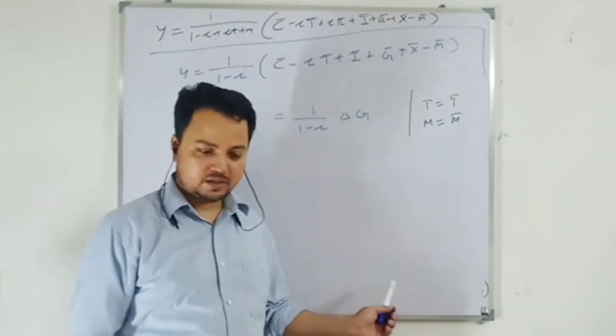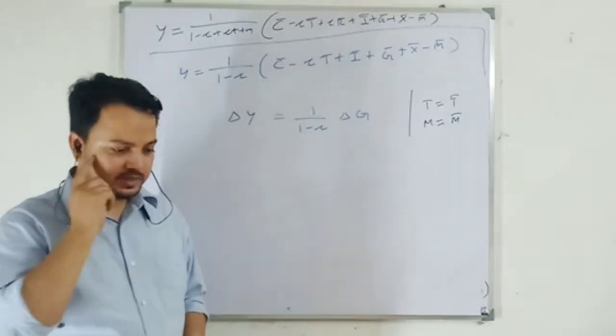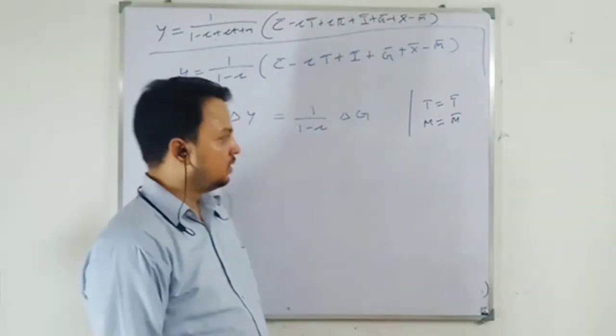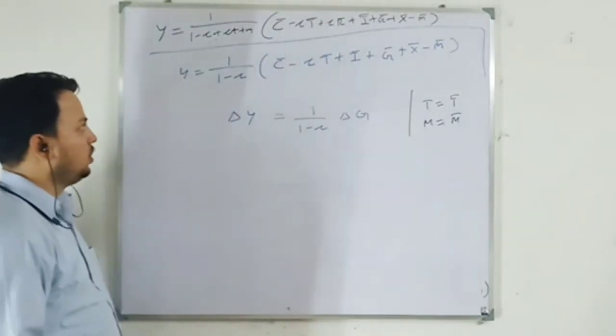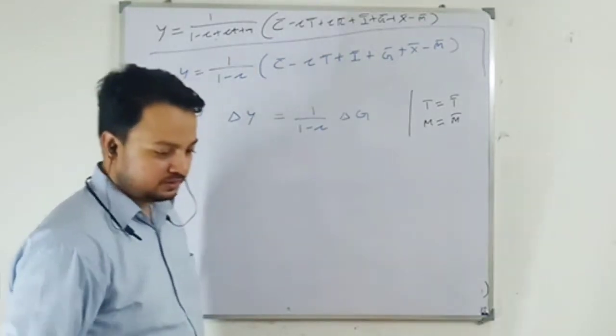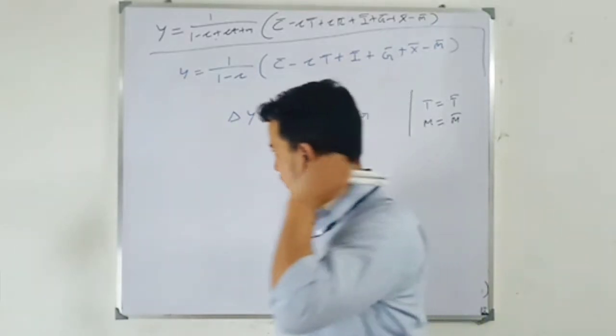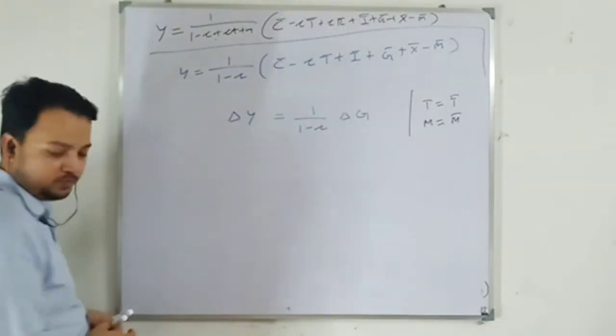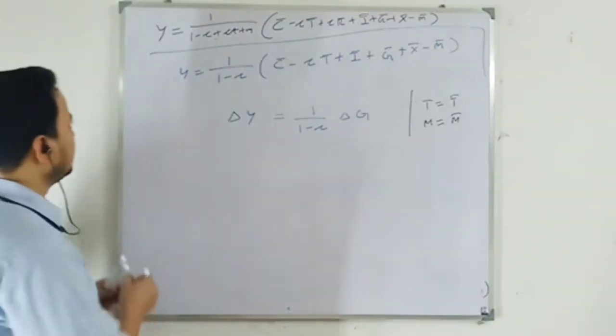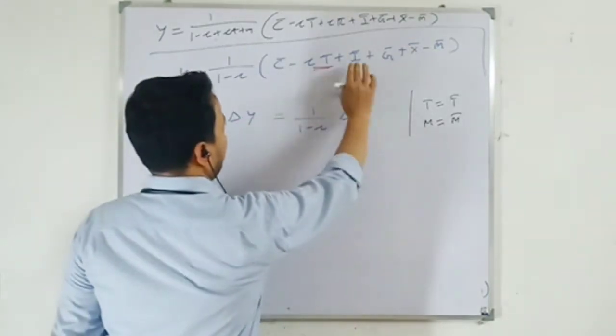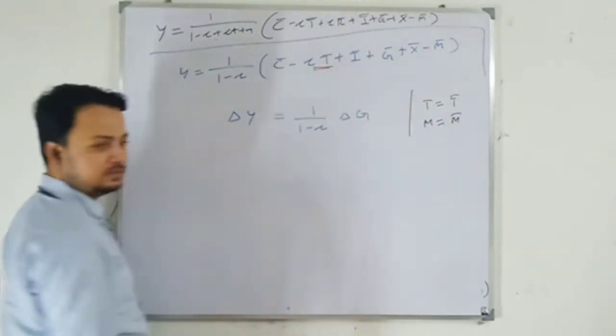Okay. Next paragraph, write down. Change in income due to change in tax is calculated by the following equation. Look at this term. When your tax changes, this term will be 0. They are not changing.